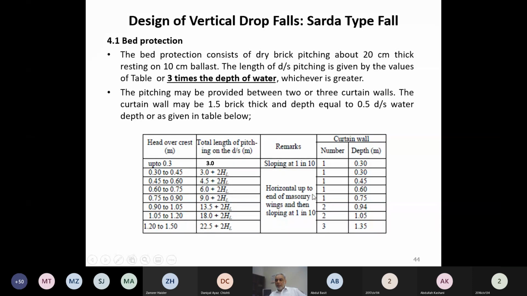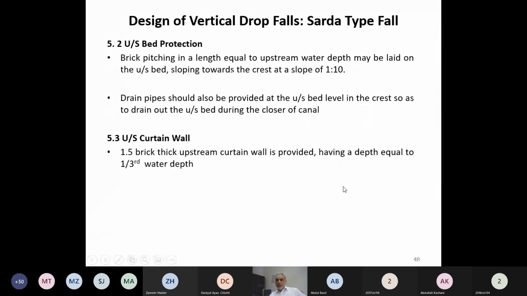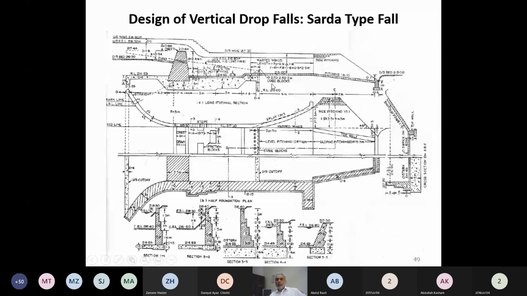On the downstream side, the bed is given a slope of 1 in 10. Slope is provided on the downstream side, sloping at 1 to 10. The bed is given a certain slope on the downstream side. So that will be visible from this figure. So this is the longitudinal section. So this is the bed pitching provided.